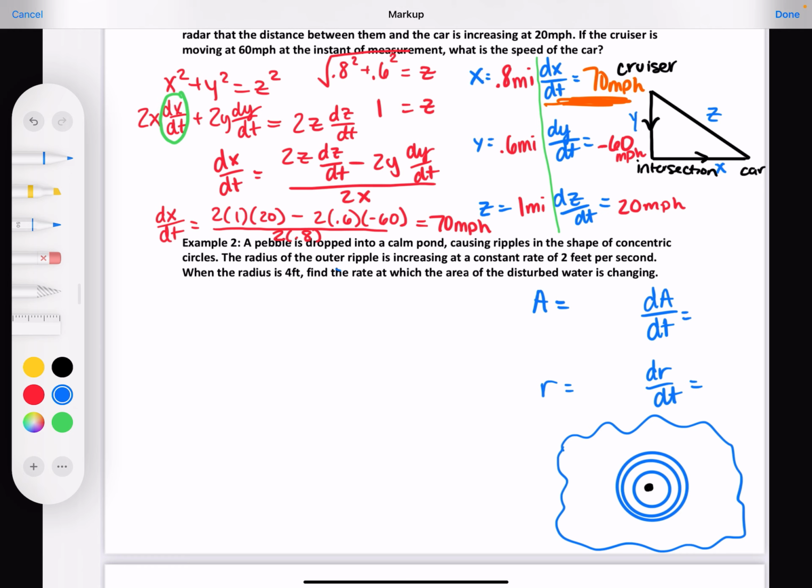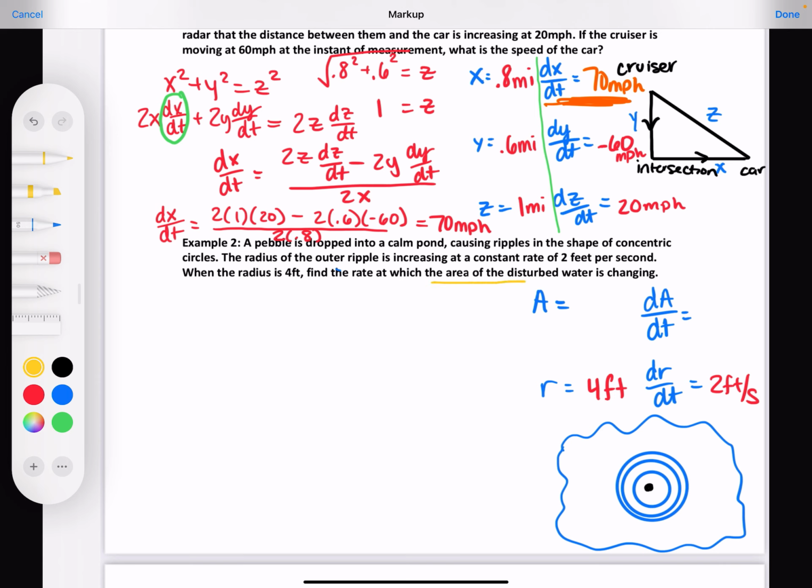So, area of a circle, or well, hold on. So when the radius is 4 feet, we want to find its rate. Well, we're told that it's at a constant rate of 2 feet per second. So it says the rate of the area is changing.